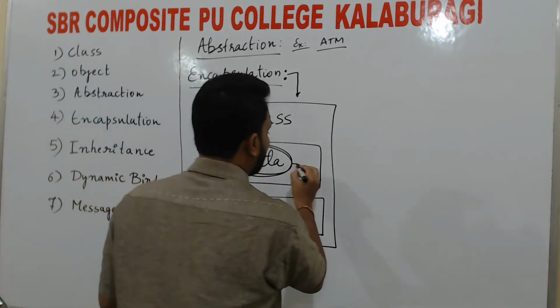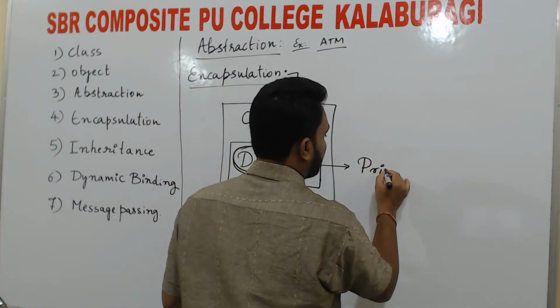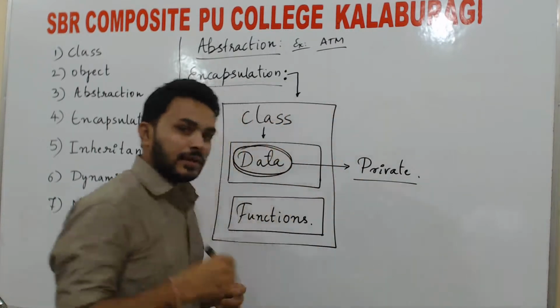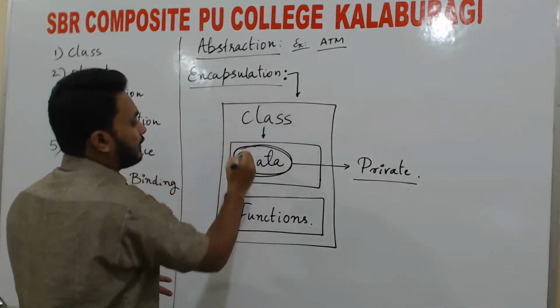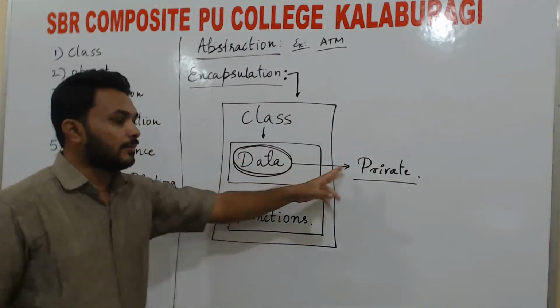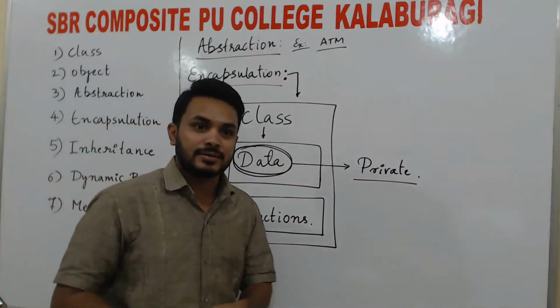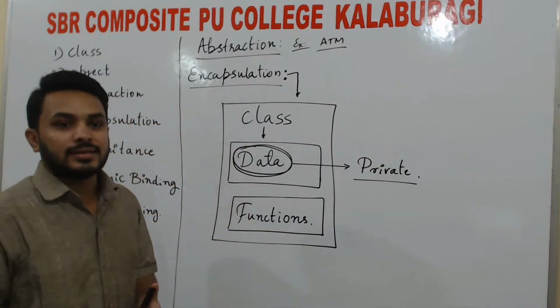The data which we are writing in the program is the private list. Access specifier I will explain to you after. So this data in encapsulation we are putting in one capsule, that we call private data. That is what we call access specifiers. Okay, access specifier. This concept we call encapsulation.